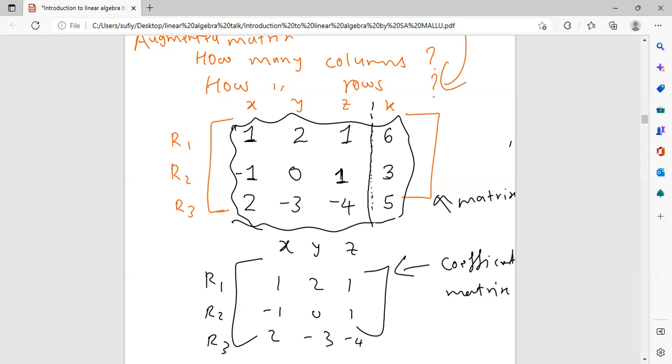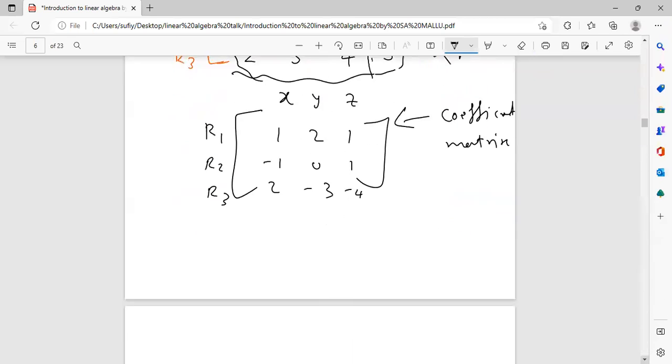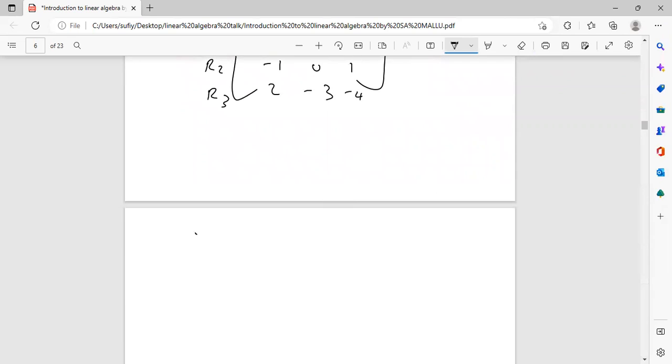So you guys should be able to go back and forth. In other words, from there to come here and from here to go back. Let's just look at a last example, a small one here quickly. Let's say I give you 2x plus 3y equals 1, minus x plus y equals 3.